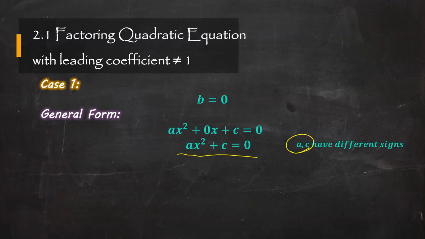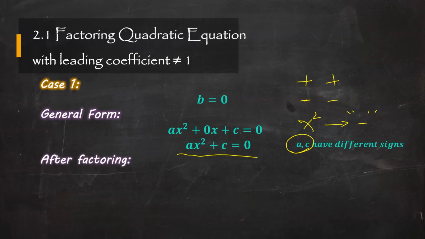They cannot have the same signs, because if a and c are both positive or both negative, we're going to have x squared equals a negative number, which is impossible because x is a real number.